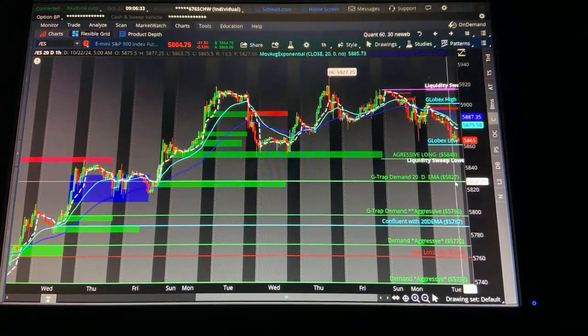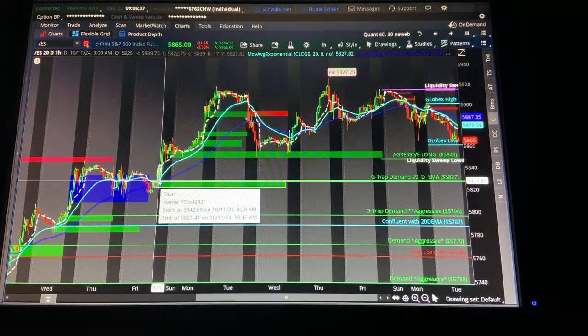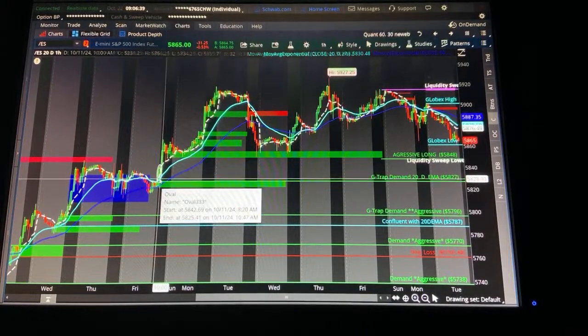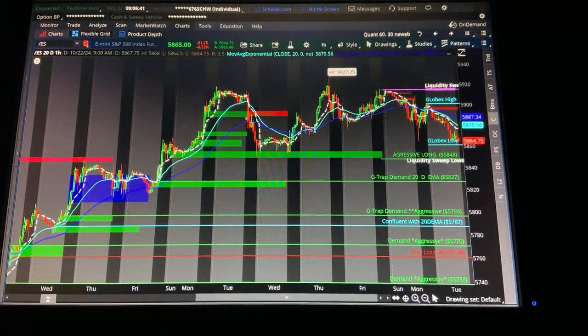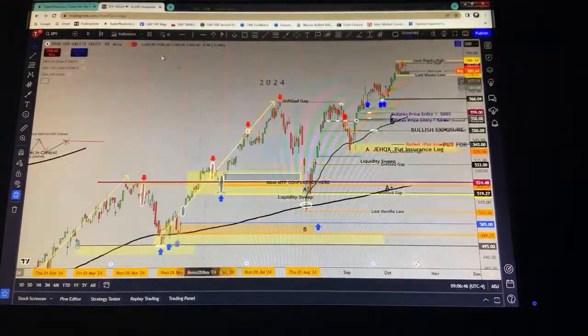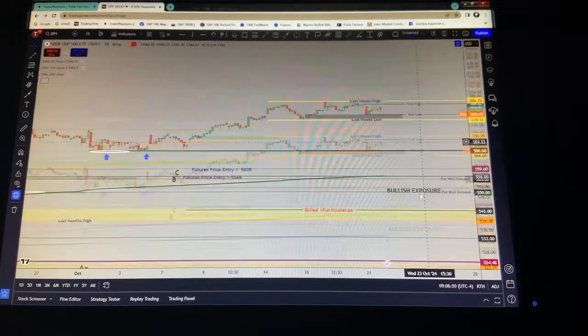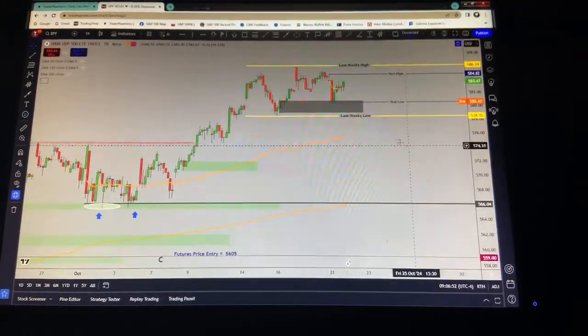One last thing before I move on from this: this level was developed October 11th in S&P futures. Real quick, if you go over to SPY and SPX, if I go to October 11th on the 60-minute time frame, we can have a confluenced area with that.